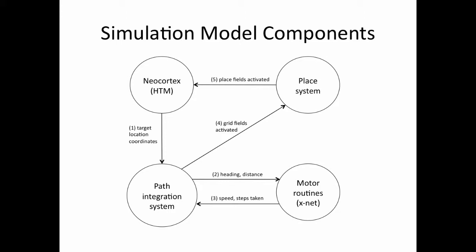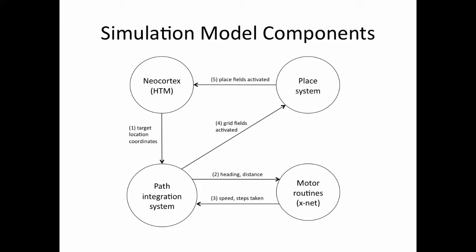So the path of logic here might very roughly be the neocortex comes up with a target location that looks promising. The path integration system figures out what heading and distance would take us there, passes that off to the motor routines, which in this case, in the simulated environment, execute without sending commands to the motor neuron, so the rat doesn't actually move but is thinking of moving.